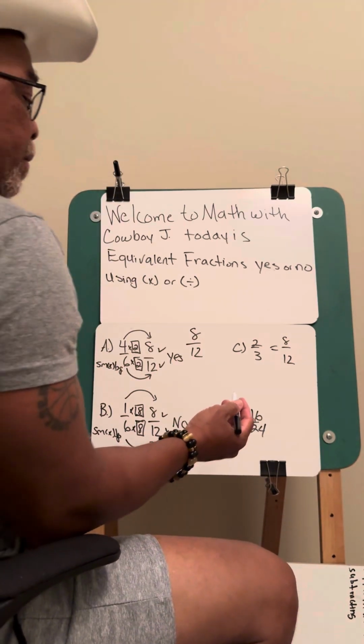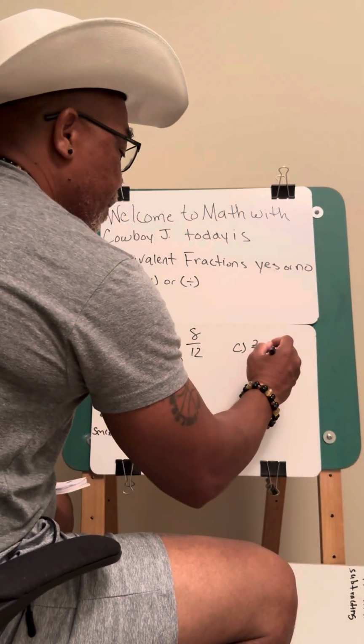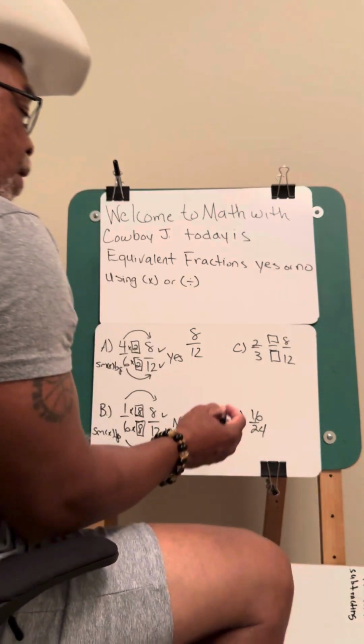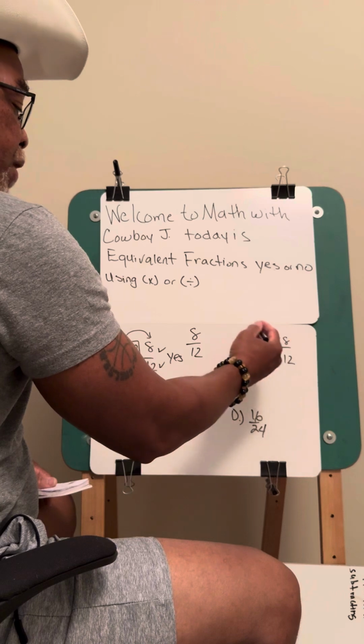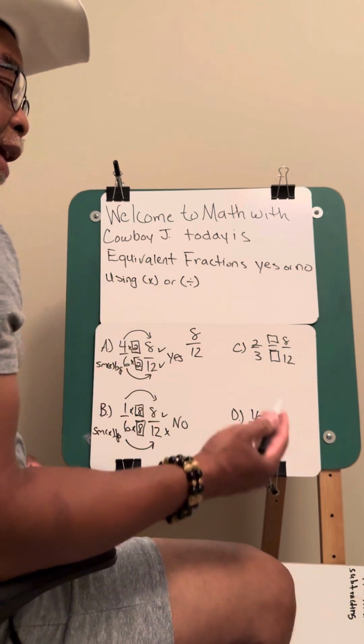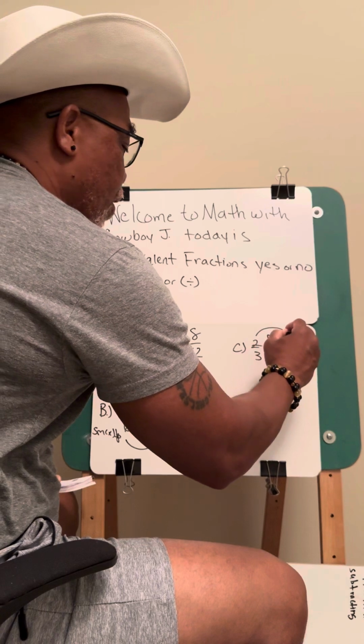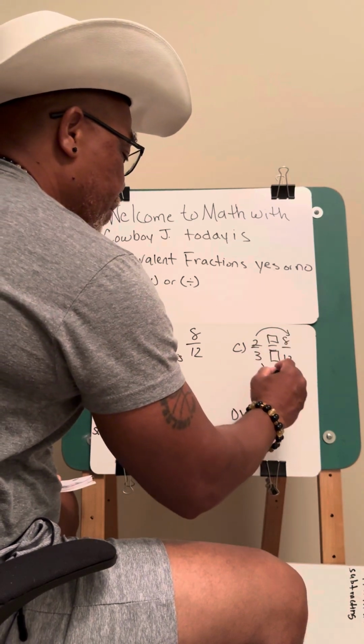So over here, 2/3 is equal to 8/12. So do I want to go big to small, or small to big? Again, if my multiplication is strong, I'm gonna go with what I'm strong with.